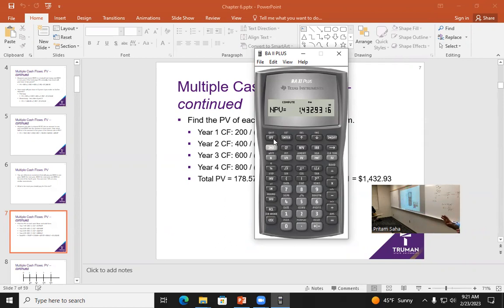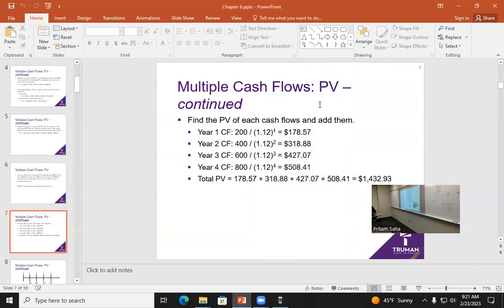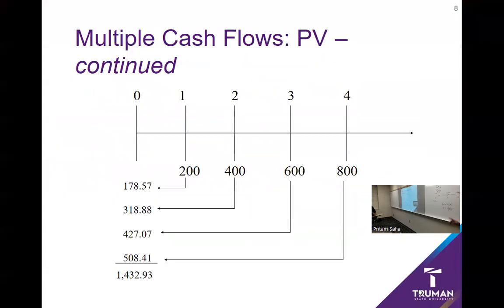Makes sense? Is anyone lost in the process and needs to see again how we did it? We good? Now, after you're done, your job is to go to cash flow again and clear, okay? So that for the next problem, you don't make any error. Now, here is the process, what we really did.